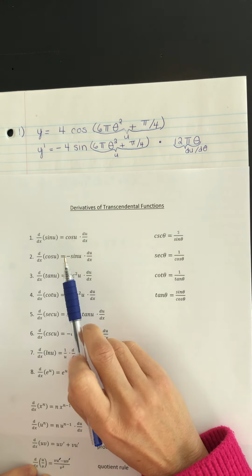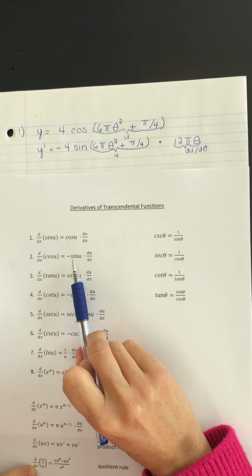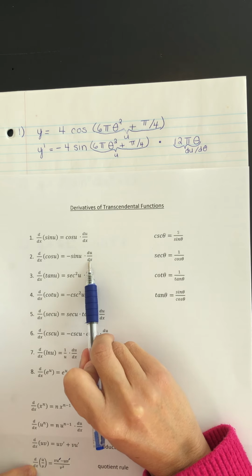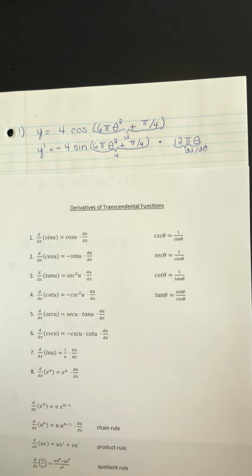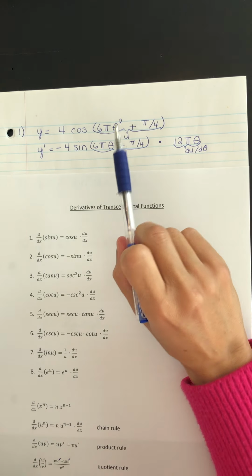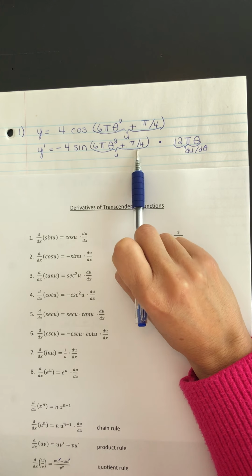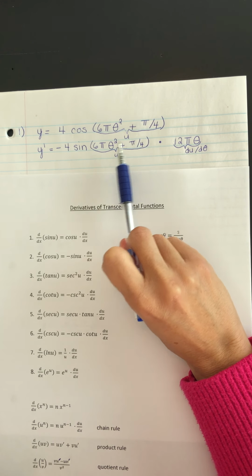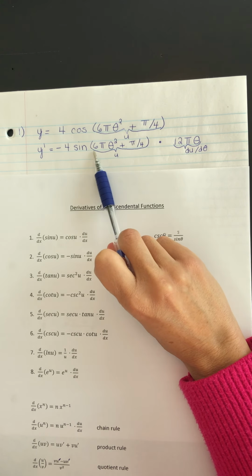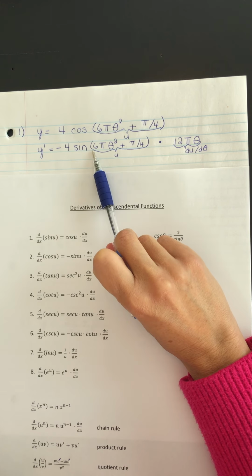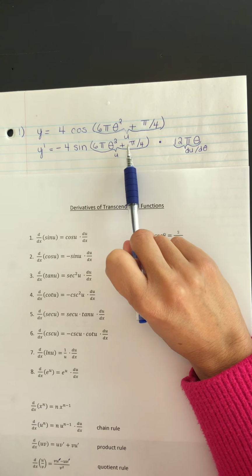Okay, so now we've got all of the elements. We've got negative sine u times du by d theta. Of course, the derivative of this constant pi over 4 was 0. So that's why the full derivative of this is 12 pi theta plus 0.